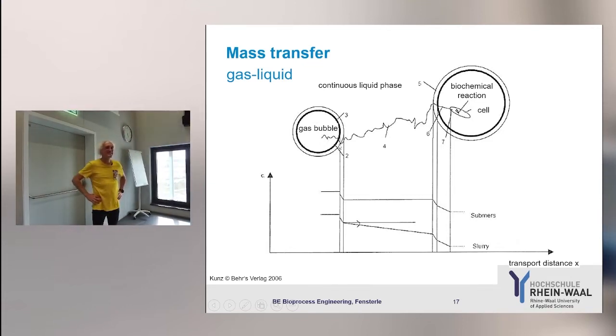So in a gas bubble there is no convective transfer. Problem. We are now at a stage where we already say, in the gas bubble, no convective transfer. So the question is, what?